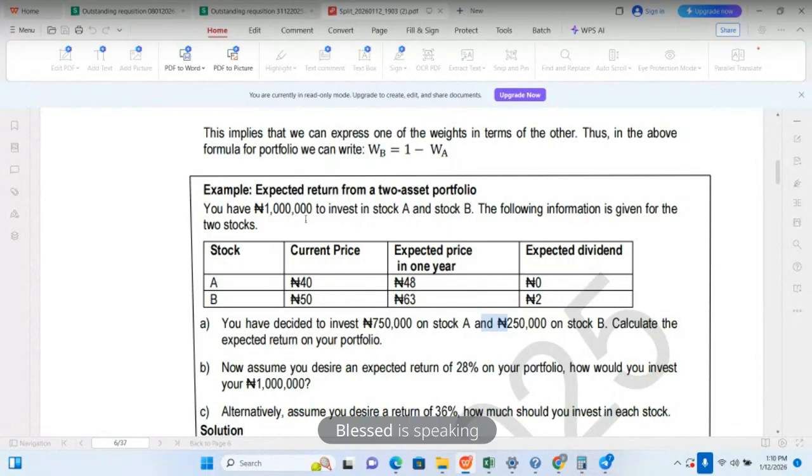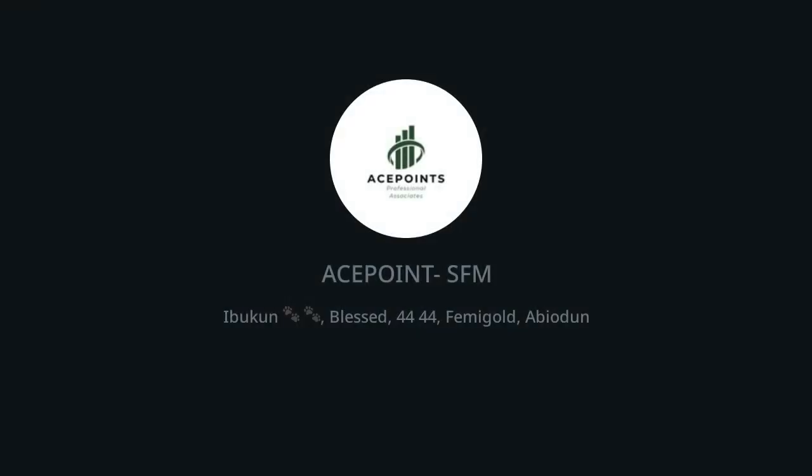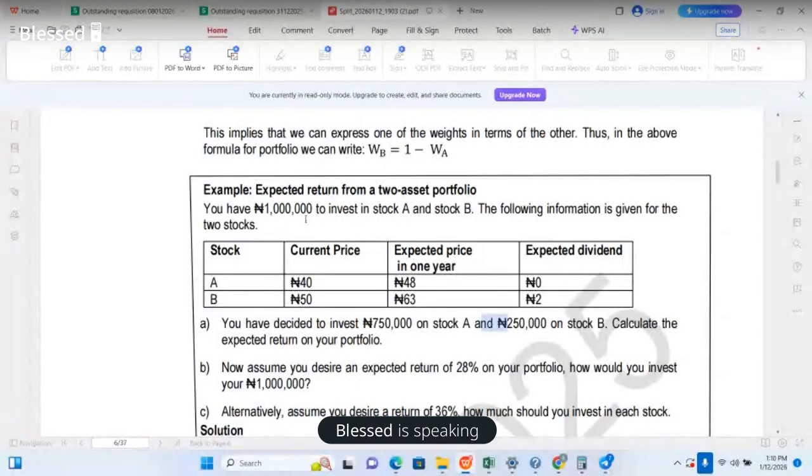Instead of putting all your money in one asset, you can diversify. Use 500,000 to buy shares in MTN and 500,000 to buy shares in Dangote. At least if MTN goes down, Dangote should go up. If Dangote goes down, MTN should go up.